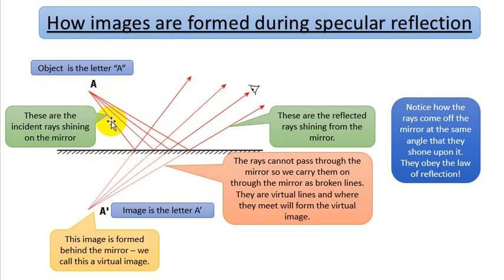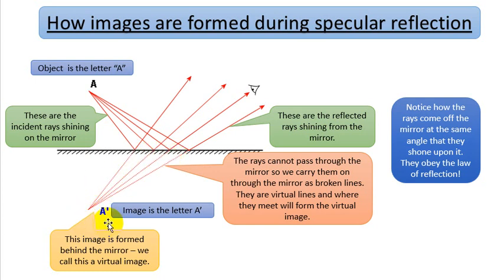So we can see the image of the object in the water surface, like in a mirror, by drawing a dashed line. Why? Because these reflected rays do not cross each other. This object, for example the letter A, is created behind the mirror by drawing imaginary, virtual lines.